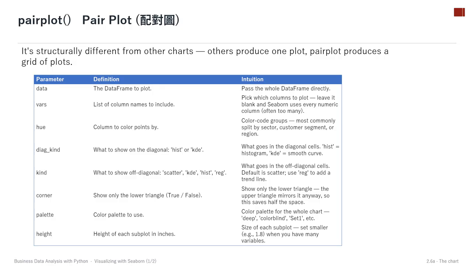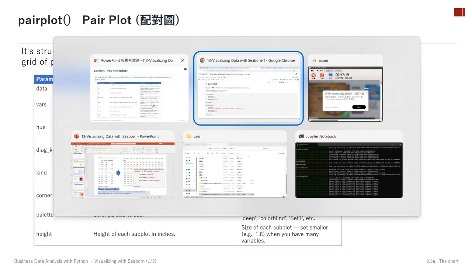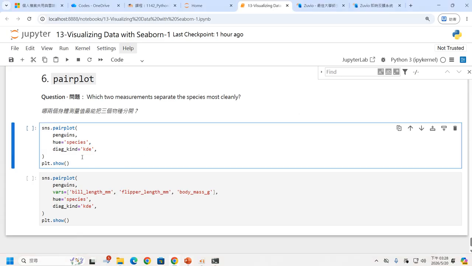Why can we use the pair plot? Here we can run this one. I use the penguins data with hue as species, and the diagonal kind is KDE, so this will have a smooth curve.